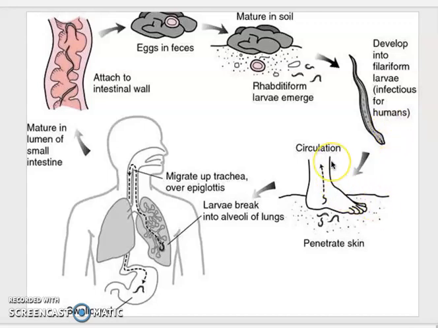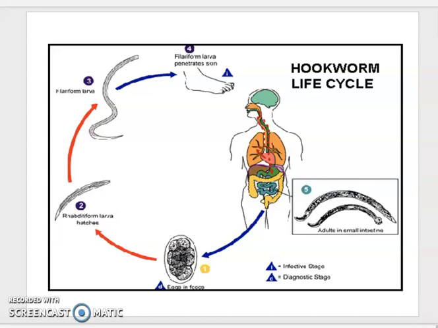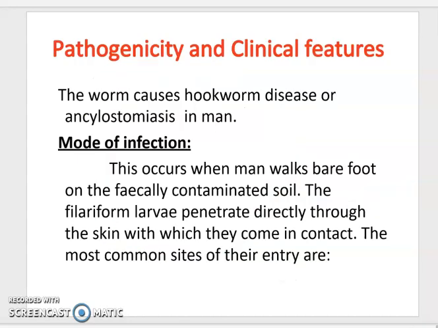Again it might infect a new host. So this life cycle repeats. This is another diagram which clearly denotes the life cycle of this larval form, or this nematode parasite form.